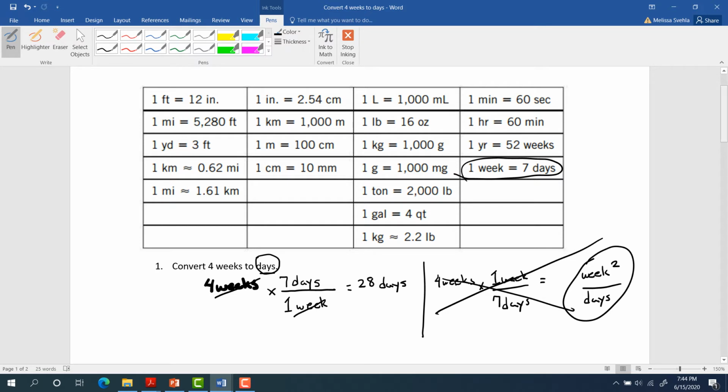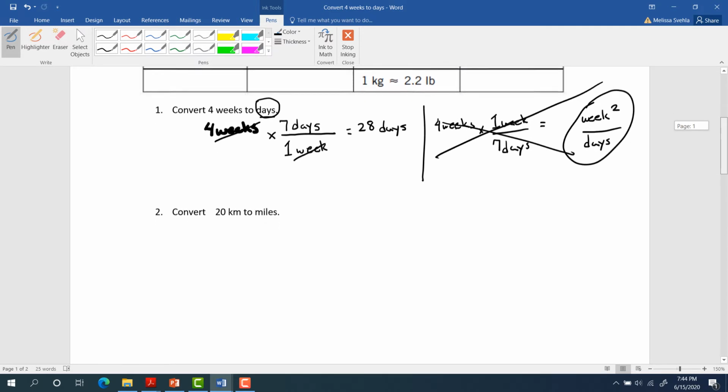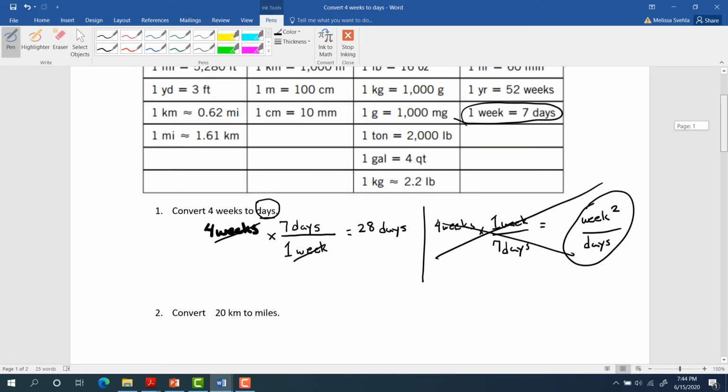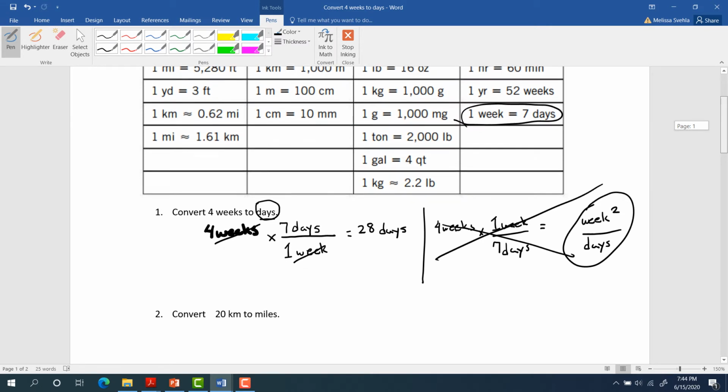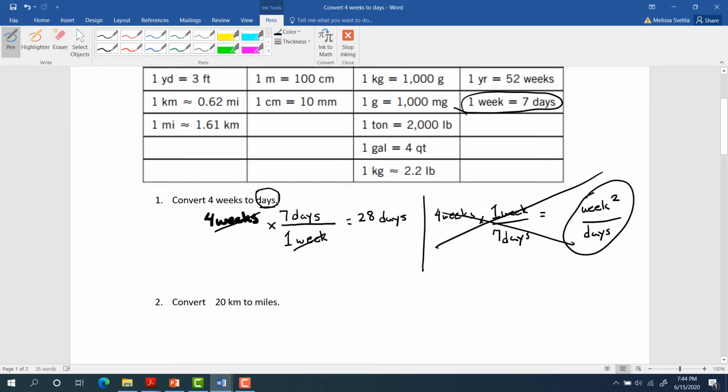Okay, so let's take a look at this next part here. It says convert 20 kilometers to miles, okay? So there's 2 ways to go about this. Notice I have 2 conversion charts, and both of them are actually okay. So I have 1 kilometer is equal to 0.62 miles.